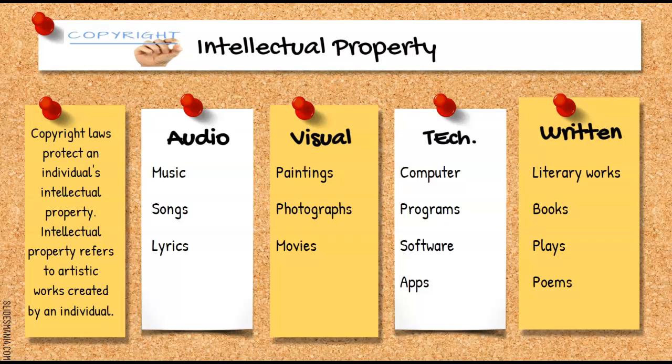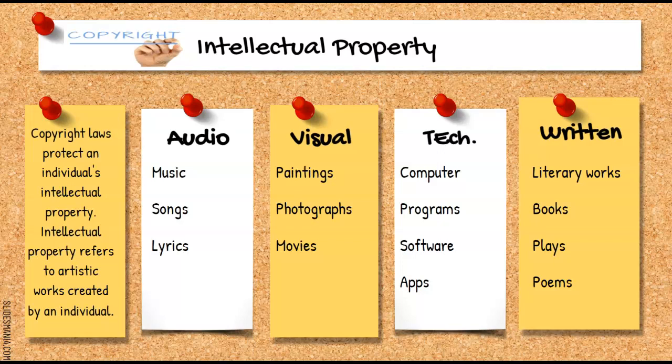Some visual examples are paintings, photographs, movies, TV shows. All those are protected by copyright law. Now, there's even some technology that is considered intellectual property, such as computer programs, software, different apps.